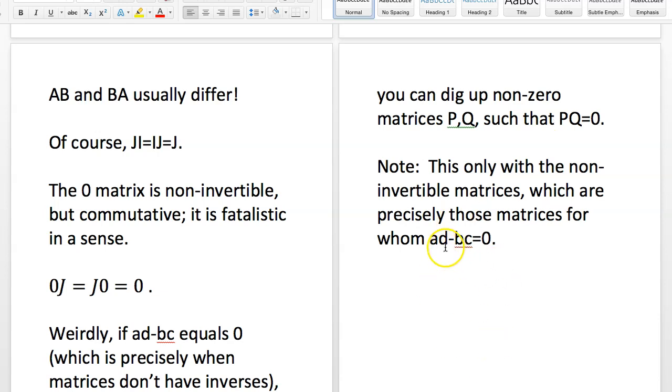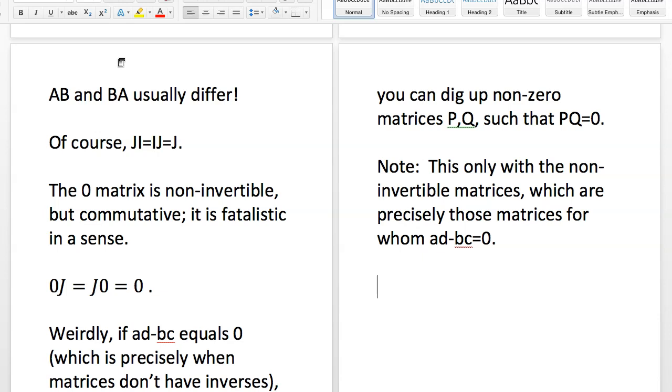AD minus BC equals 0 is actually nasty business, right? Okay. But yeah, I could cook up two matrices that would multiply to the zero matrix, even though neither guy himself is a zero matrix. That didn't happen in the reals. That didn't even happen in the polynomials. So that's kind of funny, right?